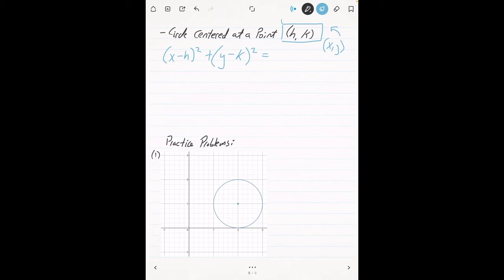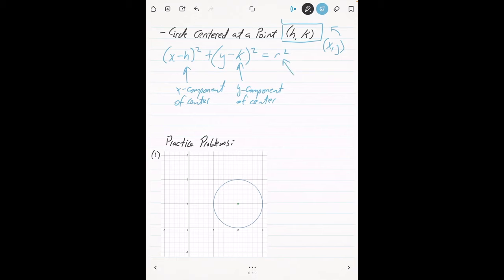And just like before, you set it equal to the radius squared, okay? Again, this h is the x component of your center point. The k here is the y component of your center point.